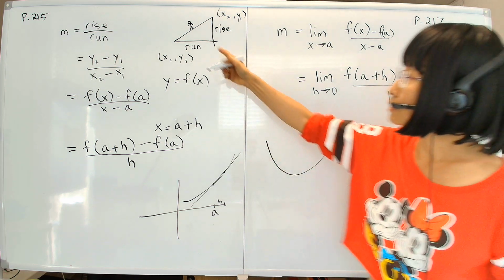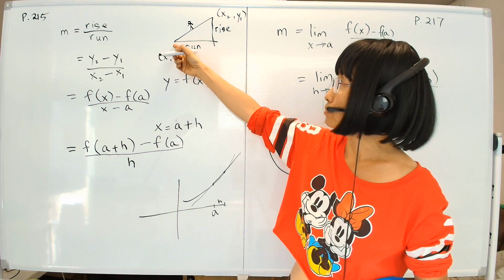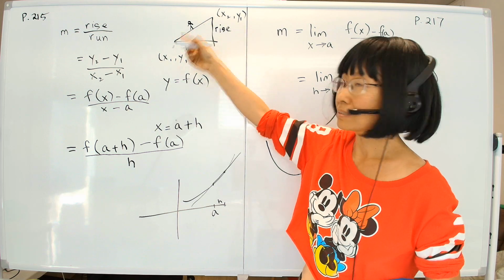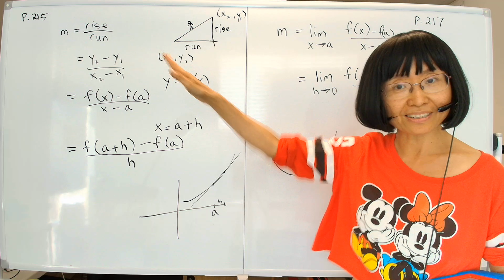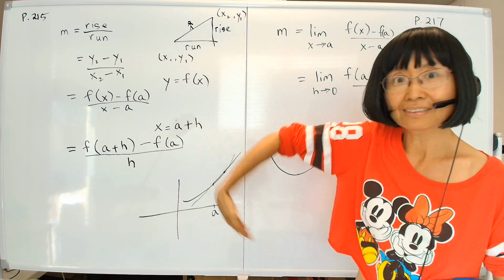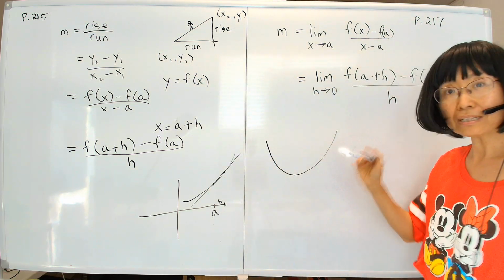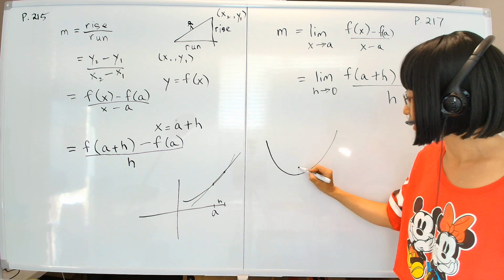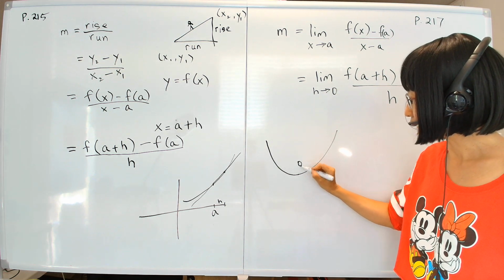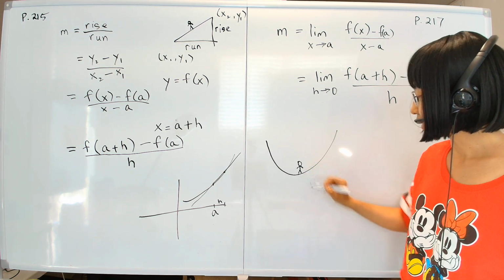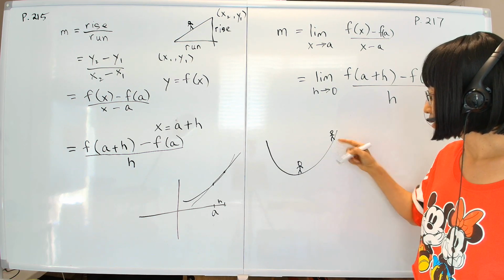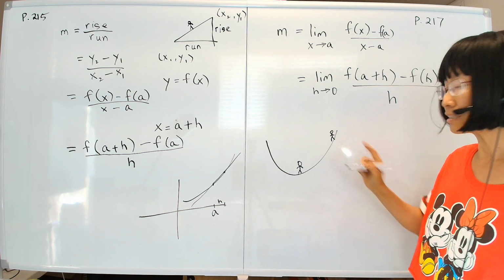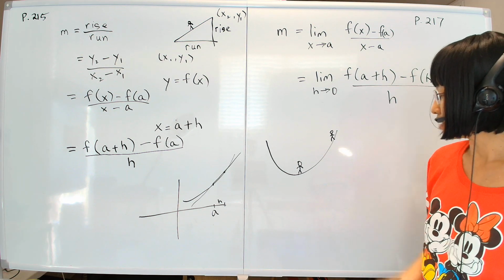In algebra, we do slope with some mountain that's fairly straightforward, not curving all over the place. Nevertheless, you know intuitively that standing here is somewhat okay, but standing here you are going to fall off because that's very steep. It has a slope, but how do you calculate it?